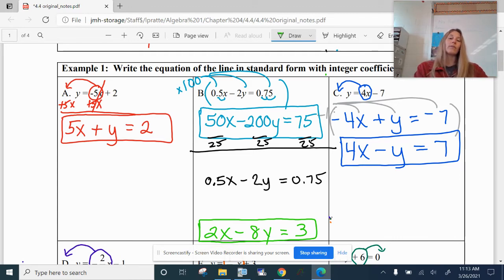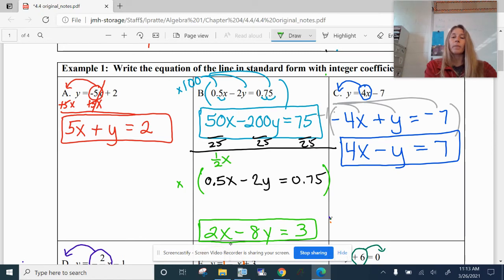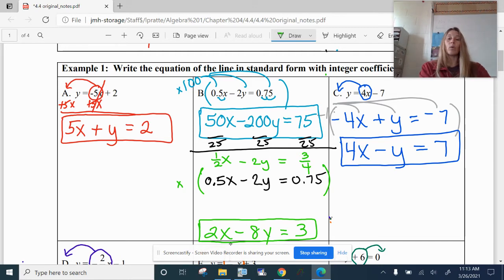Now, let's say you don't want to have to get something with really big numbers and then try to make them smaller. So another option here would be to just figure out from the beginning what number could I multiply all these by to get rid of the decimals, but maybe not give me such large numbers, right? So if I really know that this is a 1/2 x here, and then this one here is really 3/4, I might say, well, what do 2 and 4 go into evenly?